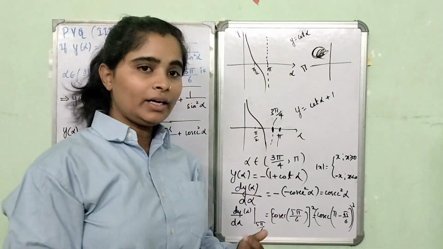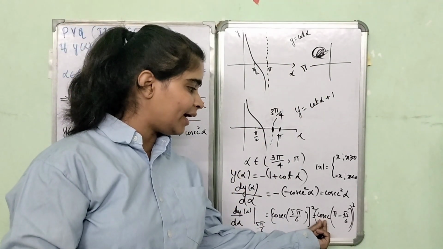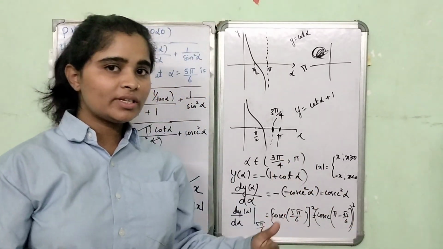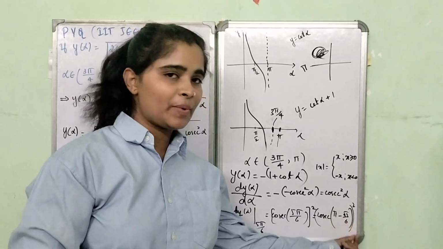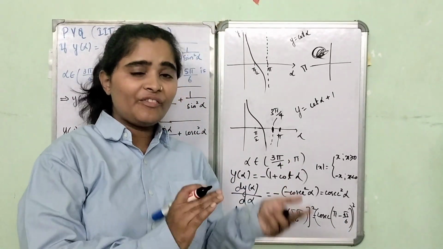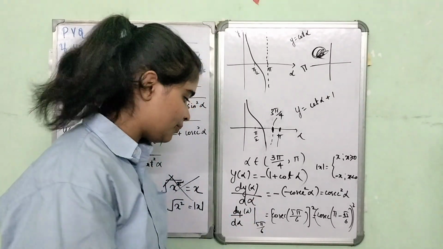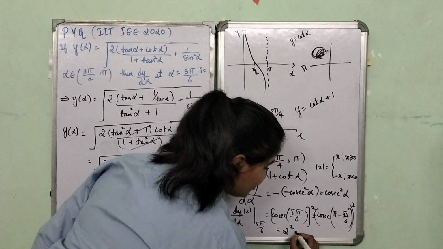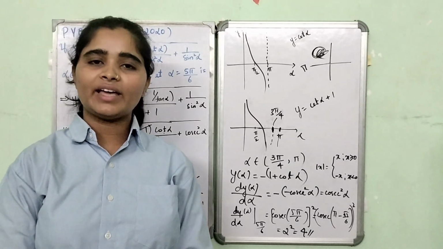So, in the second quadrant, cosecant is positive, right? If it is positive, we will get cosecant pi by 6 as output. So, how much is cosecant pi by 6? It is 2. So, cosecant of pi minus pi by 6 will be cosecant pi by 6, which in turn gives 2, and since it is squared, it will be 2 square, which in turn gives 4. So, 4 will be the final answer of this question. Thank you so much.